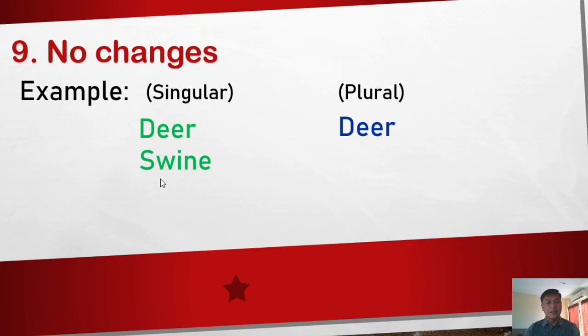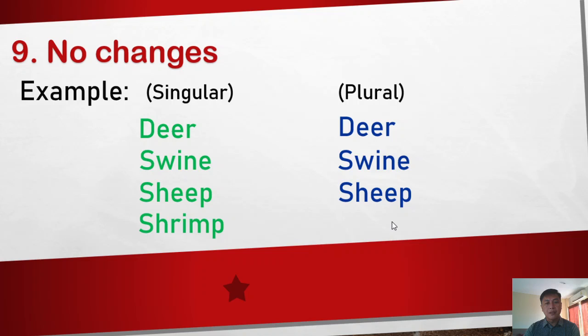Swine, the plural form is still swine. Sheep, shrimp, fish. These are only examples of words that, when put in plural form, have no changes at all.